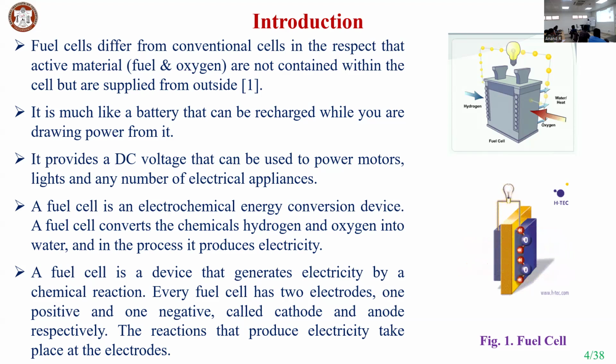Then the removal of water is also a big problem in the hydrogen fuel cell. Once the water is formed inside the cathode zone, you need to expel the water immediately, or otherwise it is going to create a problem called water flooding.